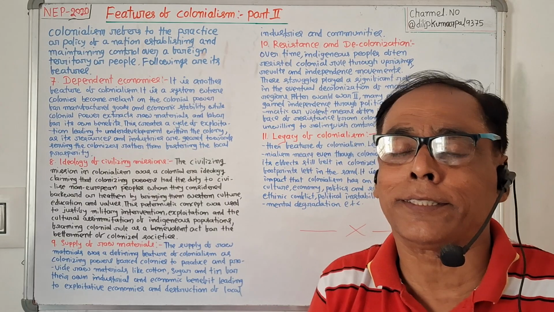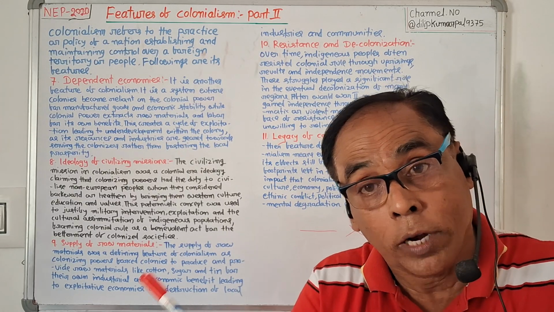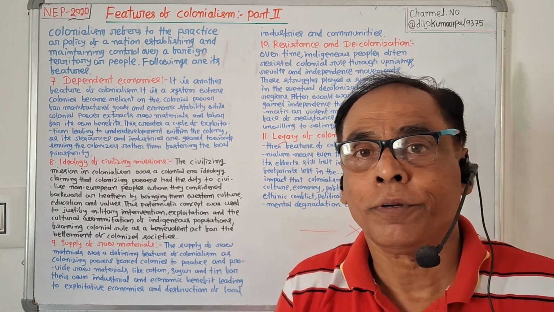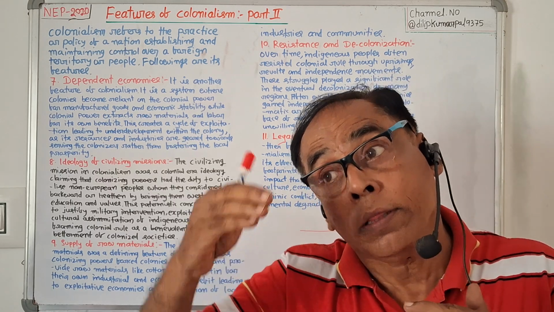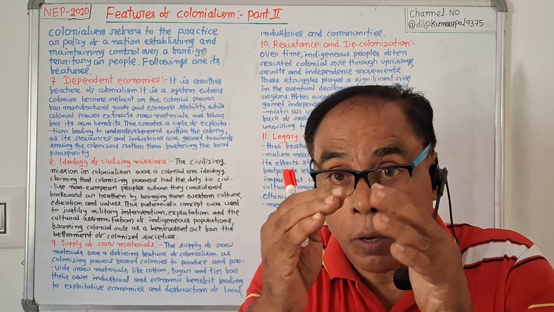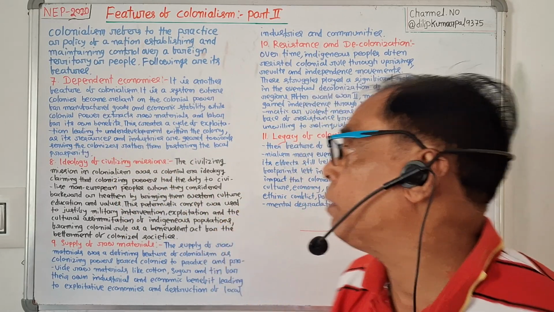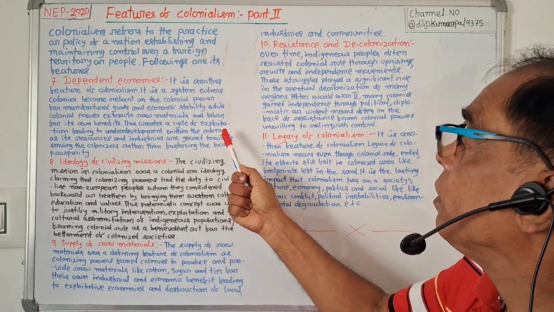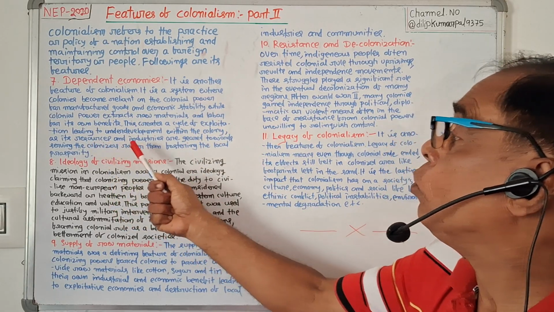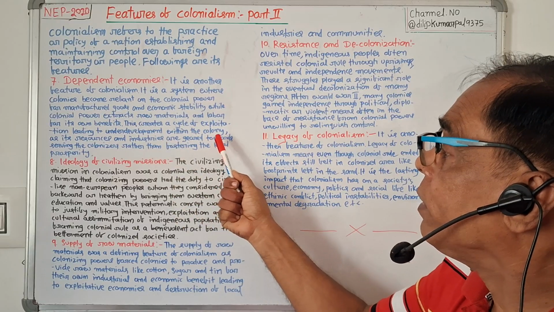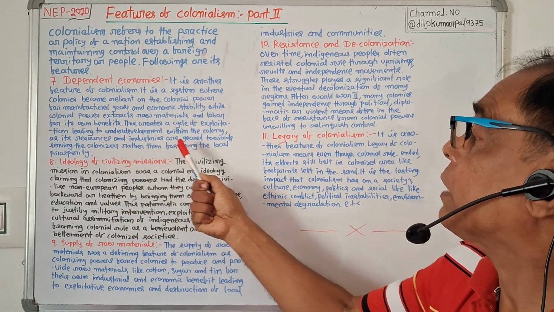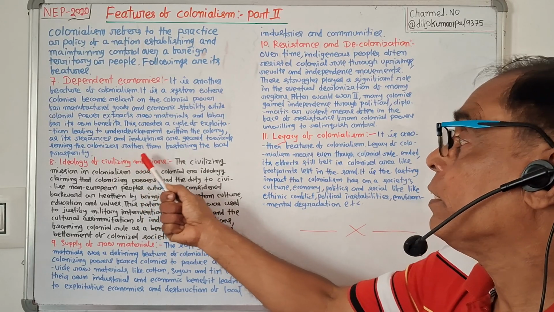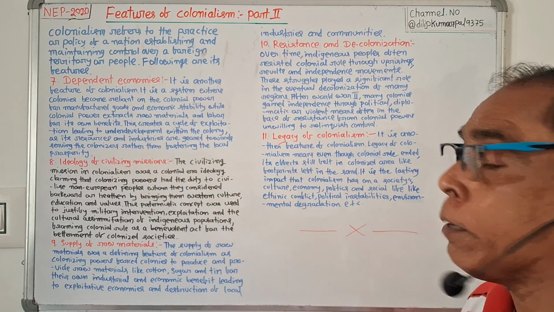The colonial power extracts raw materials from the colonized people, and the colonized people depend on the colonial power for manufactured goods and economic stability. This creates a cycle of exploitation leading to underdevelopment within the colony, as the resources and industries are geared towards serving the colonizers rather than fostering local prosperity.